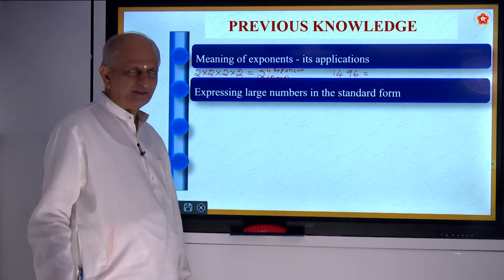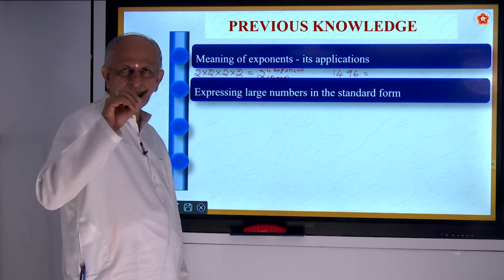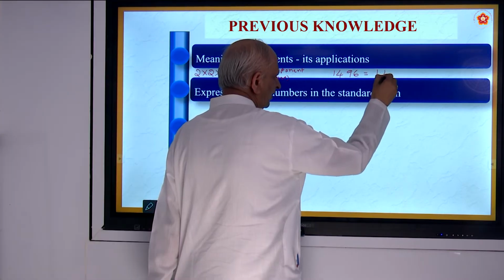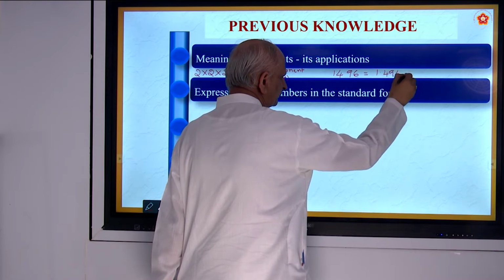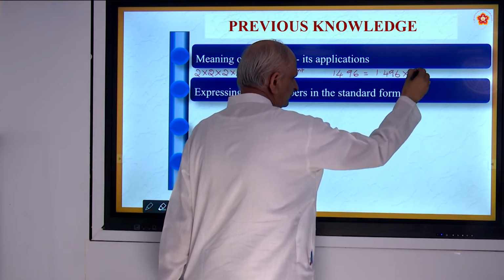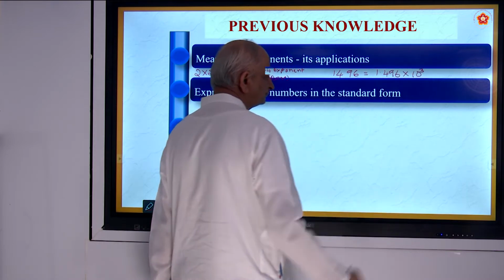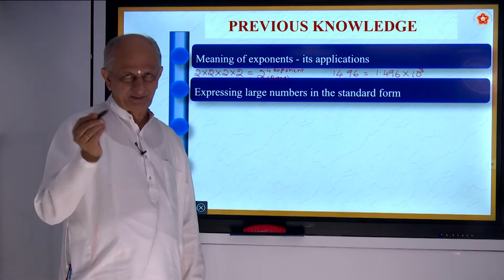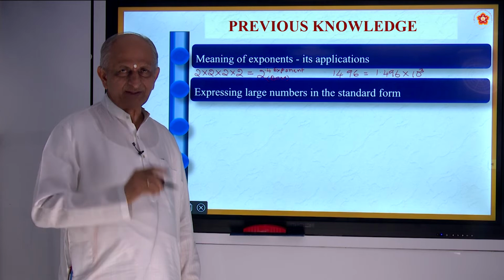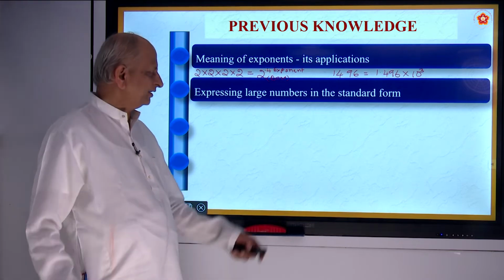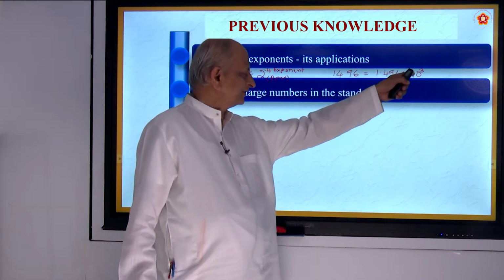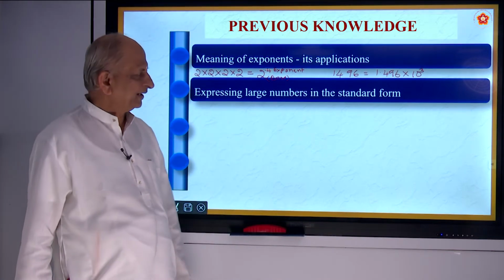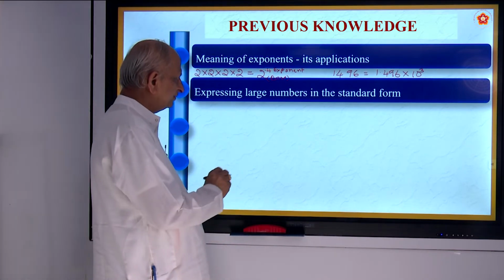Standard form means numbers should be written from 1 to 10 and others should be written in the form of 1.496 into 10 to the power of 3. That is called standard form. So 1 to 10 means single digits. Then other digits should be expressed in the powers of 10. Correct? And if you have a decimal also, it can be like that.